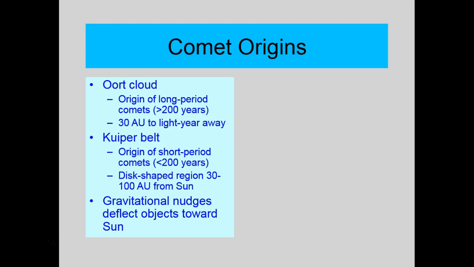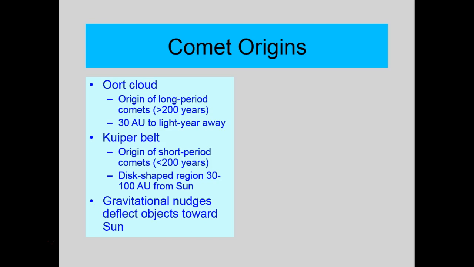This is a sort of a spherical cloud, the Oort cloud. The Kuiper belt is more of a disc-shaped region, and this varies from 30 to 100 astronomical units. So there is some overlap between the Oort cloud and the Kuiper belt, but most of the Oort cloud is beyond 100 astronomical units, up to a light year away, whereas this disc-shaped region is from Neptune, 3 times as far, okay, 100 astronomical units.